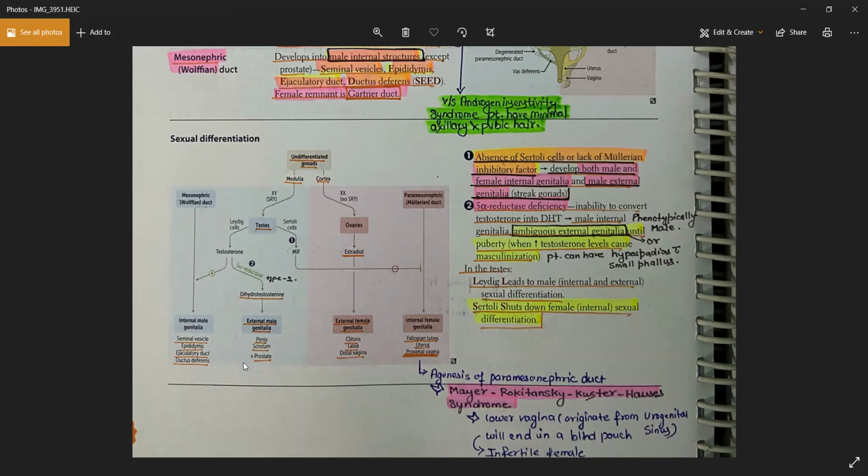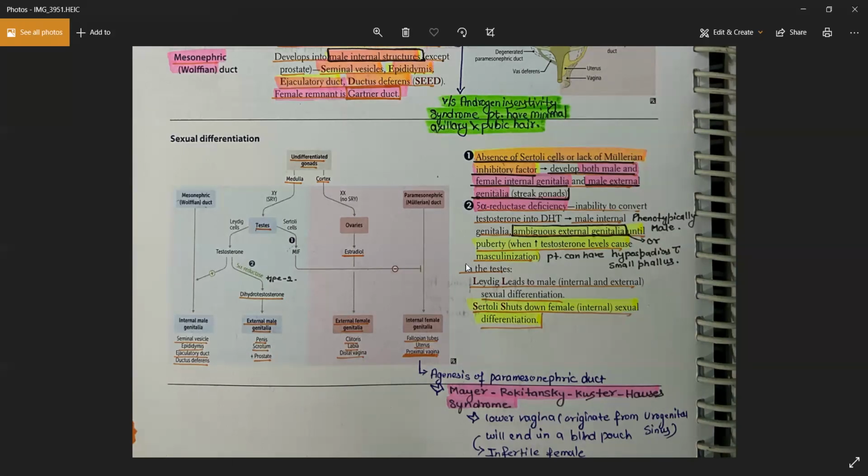Okay. So do remember this fact about the 5-alpha reductase deficiency. If it is a complete inhibition or a complete absence of these enzymes, then you can never know if it was a female, right?